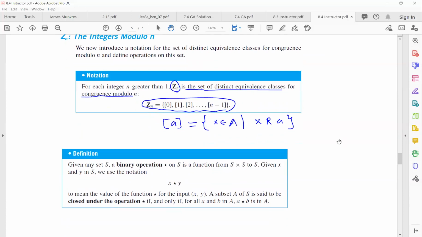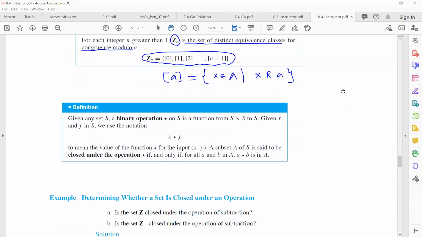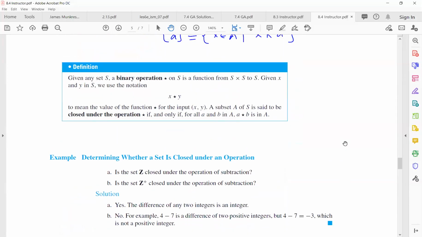Definition of a binary operator. Suppose you have a set S. A binary operator star on S is a function that maps a two-dimensional space into a one-dimensional space.